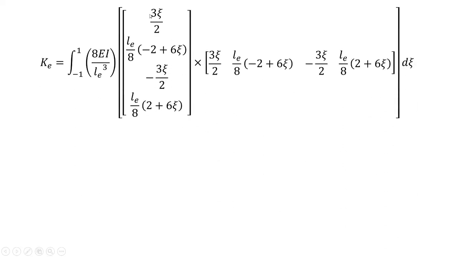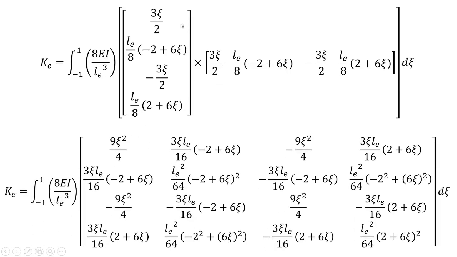Now when I multiply the first row first column, 3 into 3 is 9, zeta into zeta is zeta square, divided by 2 into 2 which is 4, so it is 9 zeta square divided by 4. Similarly you can do for the remaining. Next is 3 zeta divided by 2 into the second term.